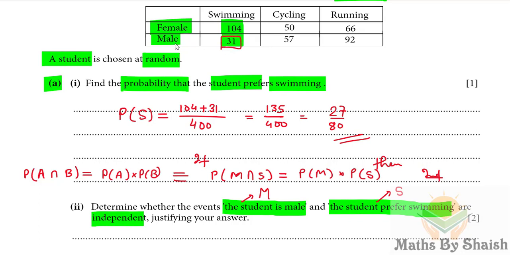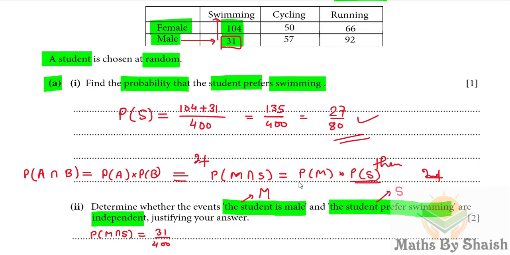We can see 31 are male and prefer swimming, so it is in the intersection. So the probability of M intersection S is 31 over the total, 400. And we already have probability of S from the first part. We can see it is 27 over 80.